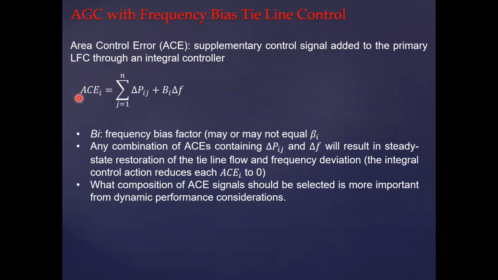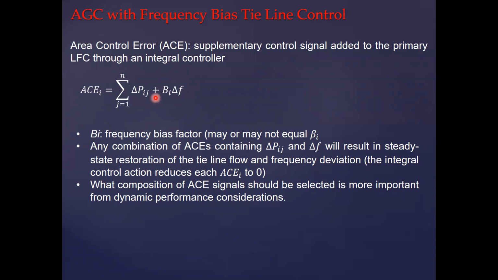And thus the control signal is formulated as a summation of power. So this is actually the tie line power flow, from 1 to several number of areas, depending upon how many areas you have. So delta P Ig plus the bias factor and then frequency deviation.